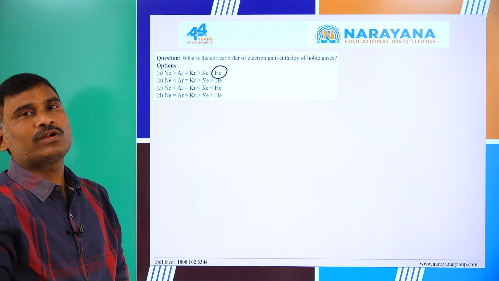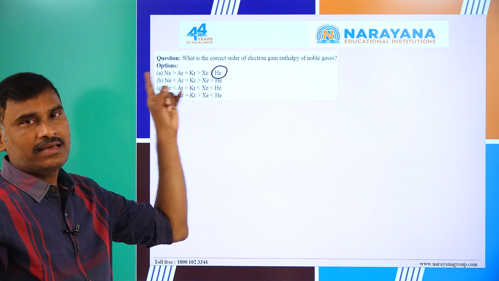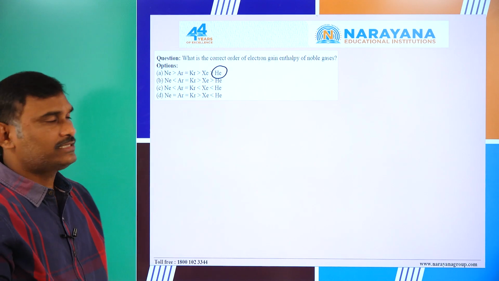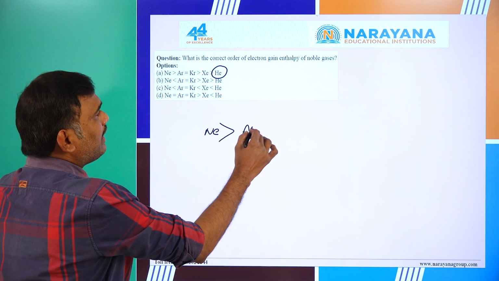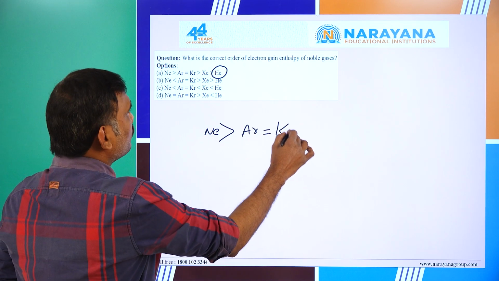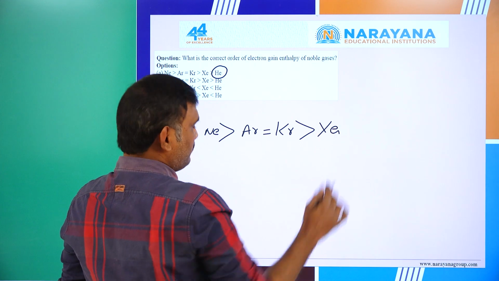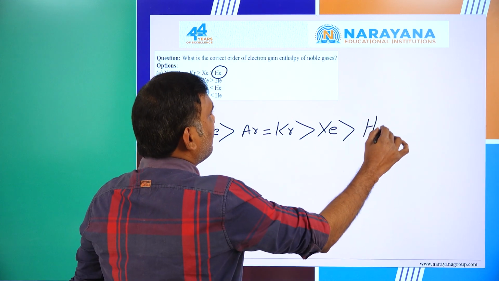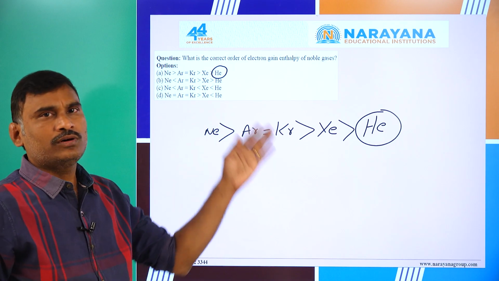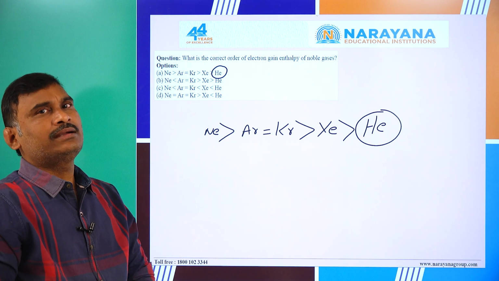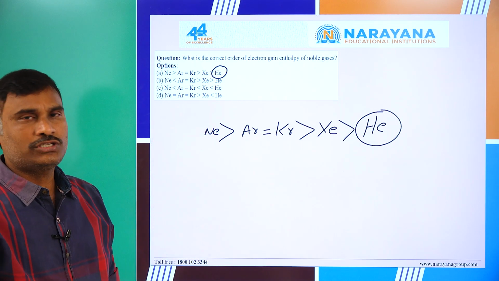Because of having only one s orbital and small size, its electron gain enthalpy is very, very less among the zero group elements. So neon is greater than argon, nearly equal to krypton and xenon, and helium is the lowest. This is the abnormality. So, top to bottom electron gain enthalpy decreases except for helium. This is one more question.